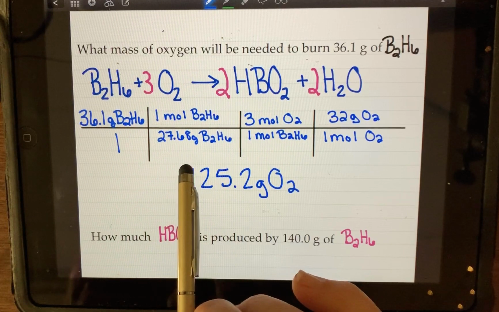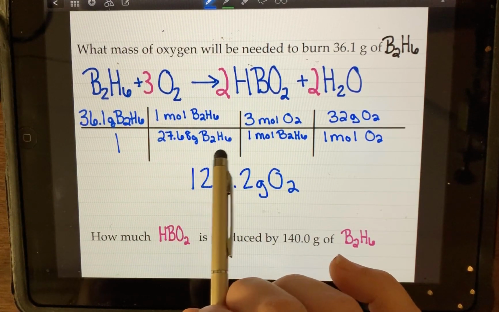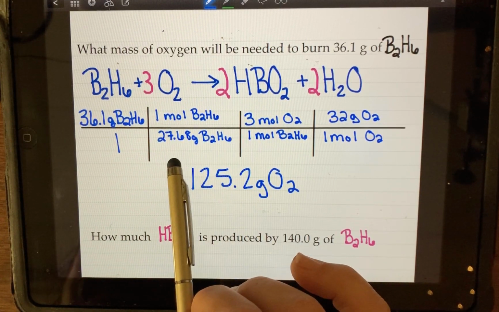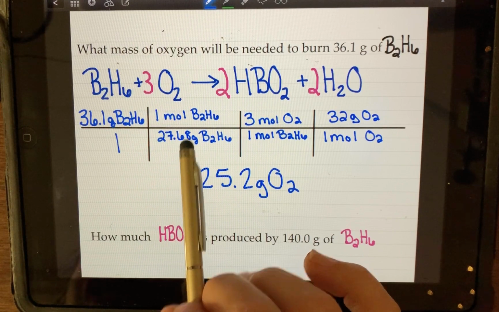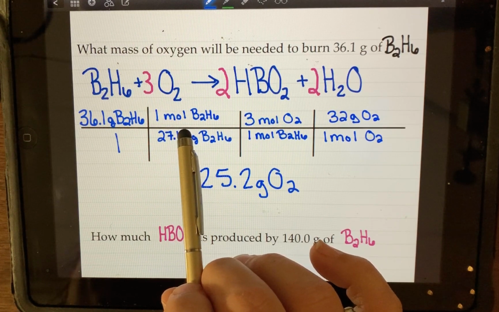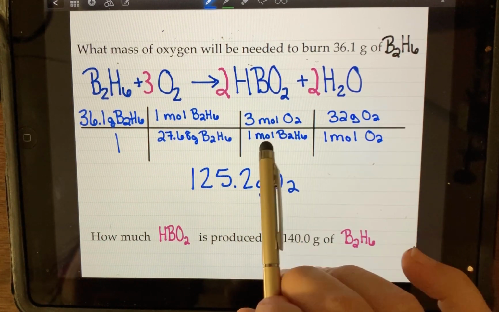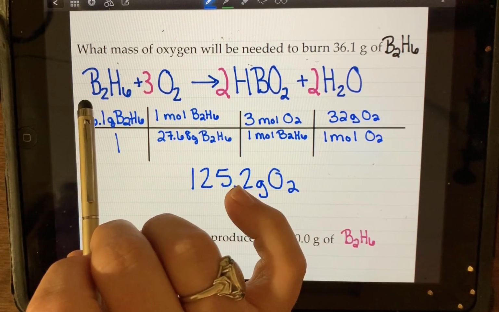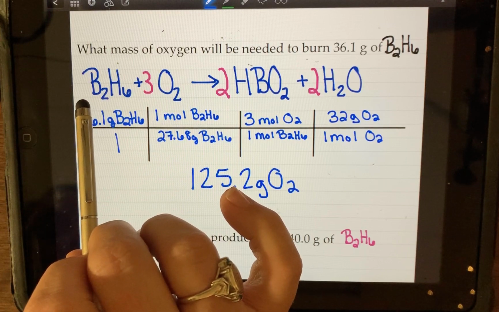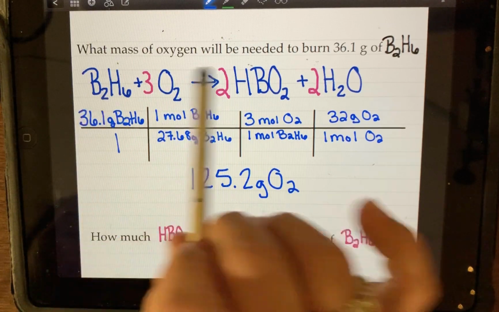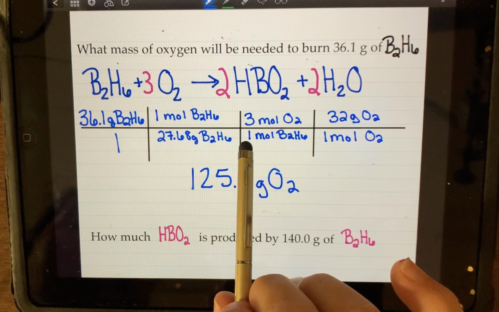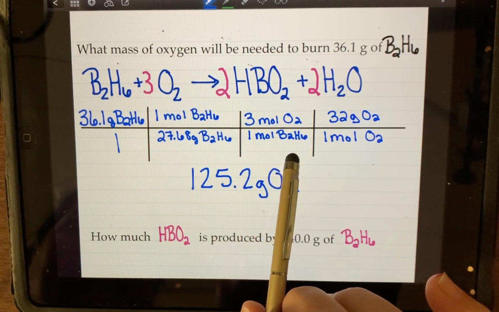Then I go to my periodic table, I add up my parts of the B2H6, and I get that its mass is 27.68. That's 1 mole. Now this next step comes from the balanced equation. If I look at B2H6, the coefficient out front of it is 1. So I'm going to put down here 1 mole B2H6.